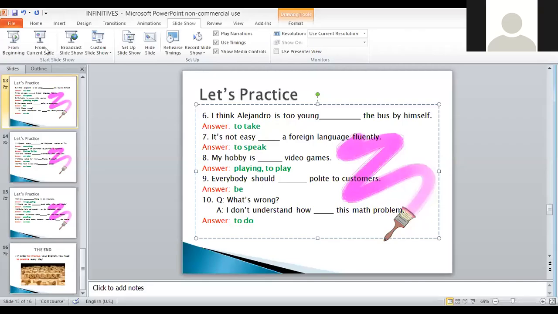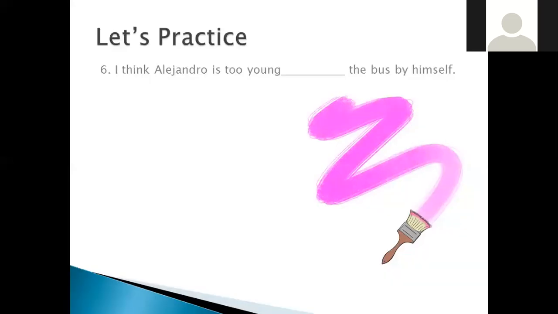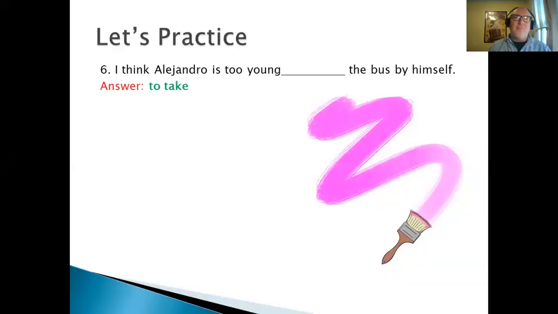One more time. Let's try it one more time. There we go. Okay. Alejandro is too young to take the bus by himself. Can everybody see the slides now? Yes. Okay, good.